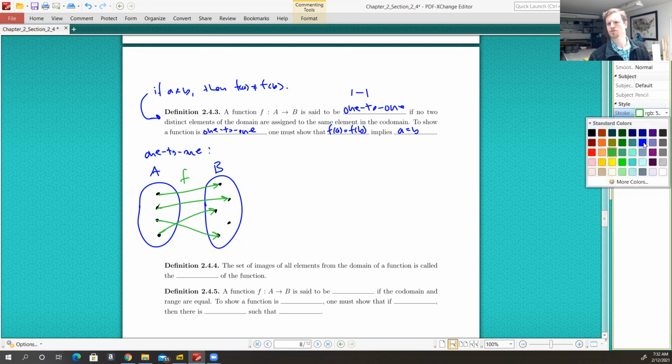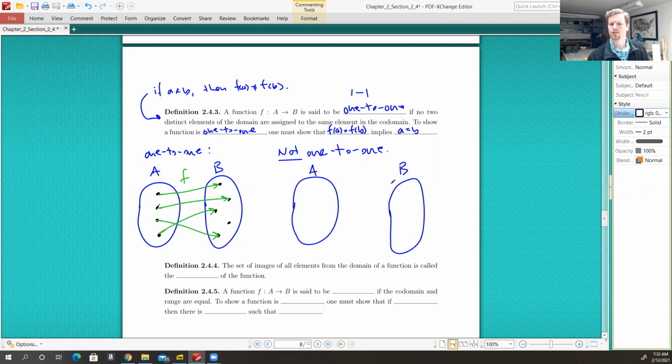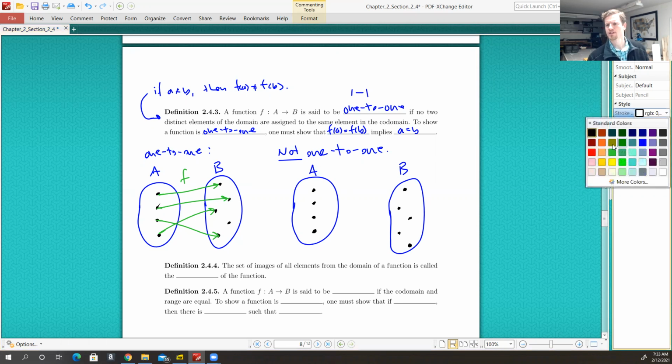All right, so just for clarity, let's take a look at something that is not one-to-one. Still a function, but not one-to-one. So again, let's say I have my domain and my codomain, with 4 elements in the domain and 5 elements in the codomain.